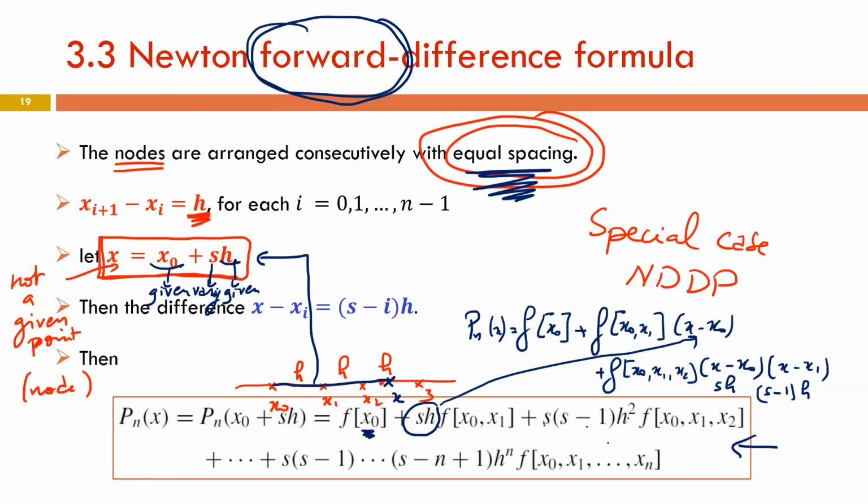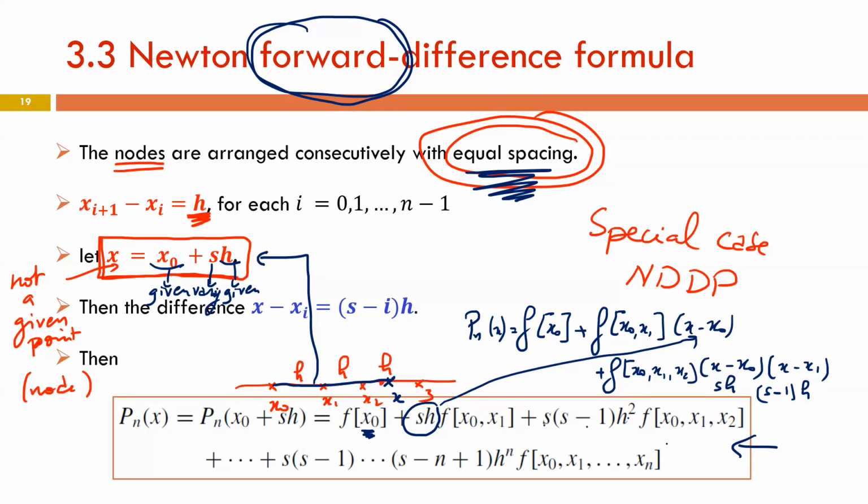And so on. s(s minus 1)(s minus 2)(s minus 3)h to the 4. So here we replace x minus x0 by sh, x minus x1 by (s minus 1)h. And we obtain a new formula in this special case, the easiest formula to implement.